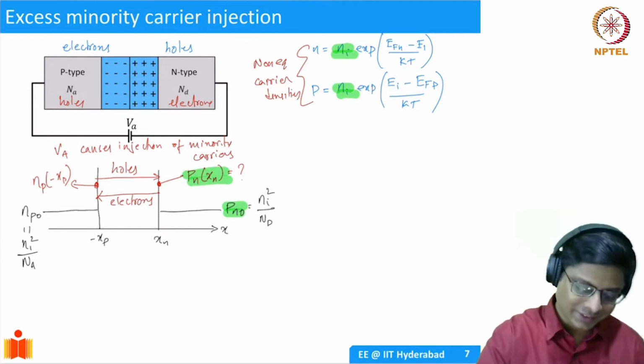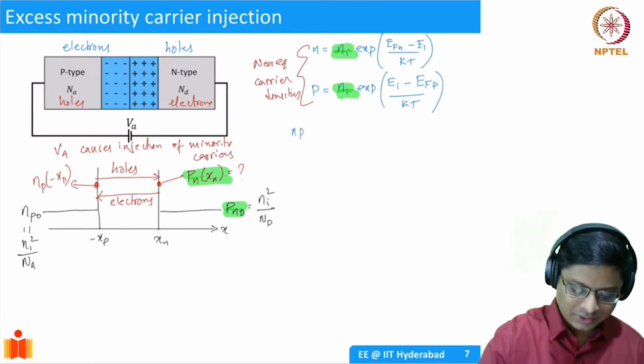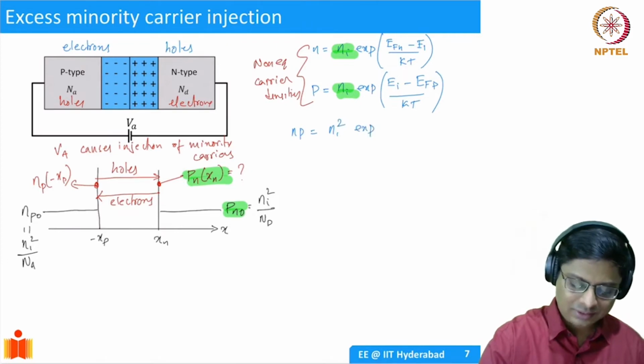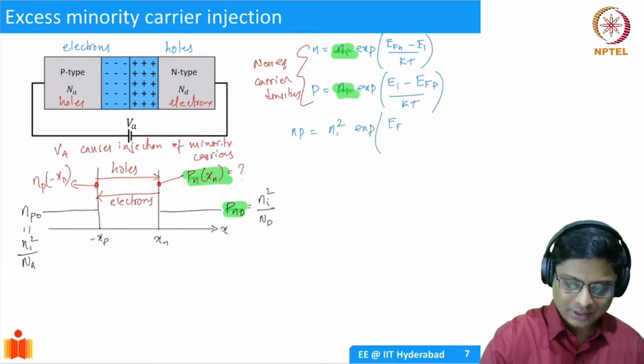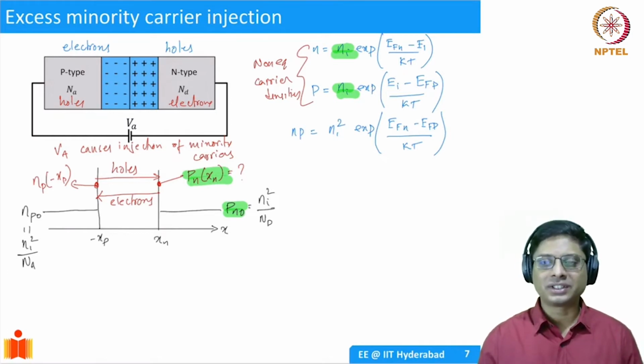But now what exactly is it? It turns out that if you take the np product, n times p is going to be ni square exponential of (EFN minus EFP) by kT. The EI gets cancelled out in the exponentials and you get this.